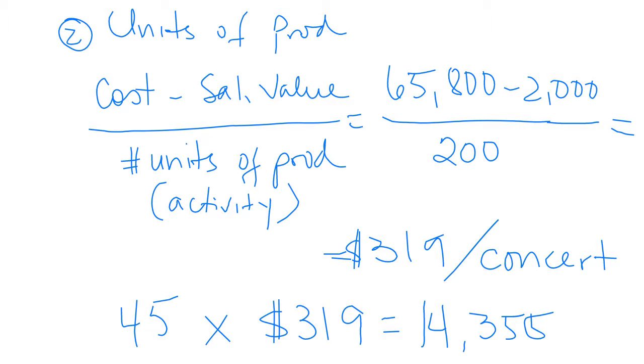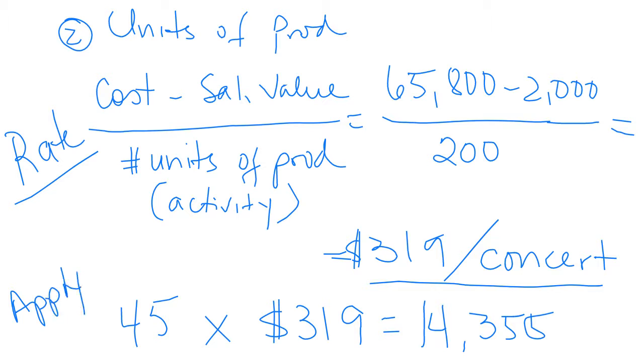Now, units of production is a slightly more complicated method than the straight line depreciation because it has multiple steps, right? First, we need to figure out the rate. How much do we depreciate per unit? In this case, per concert. And then we have to apply the rate. Once we know what that rate is, we need to multiply it by the number of units in a given year.